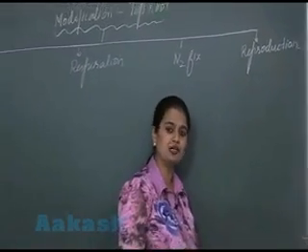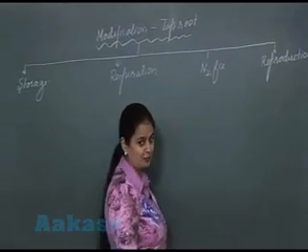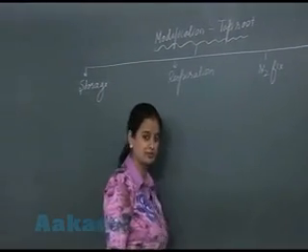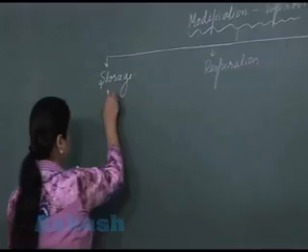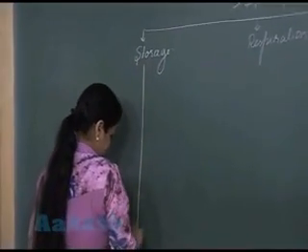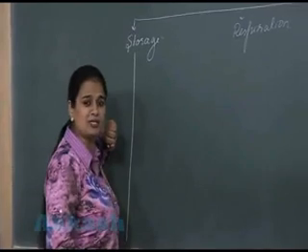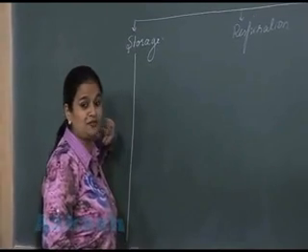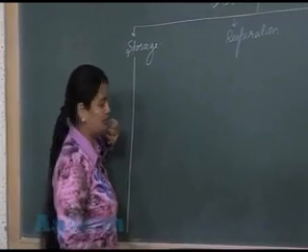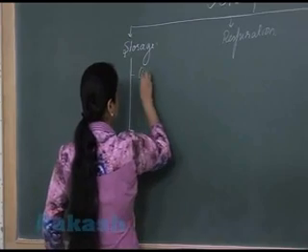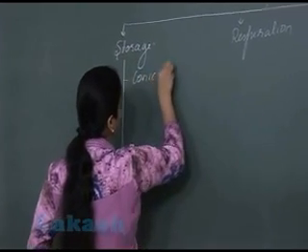So first of all, the modification of the taproot for the purpose of storage. This one I will discuss here. So for the purpose of the storage, now the first category which I will be dealing here, that is conical root.